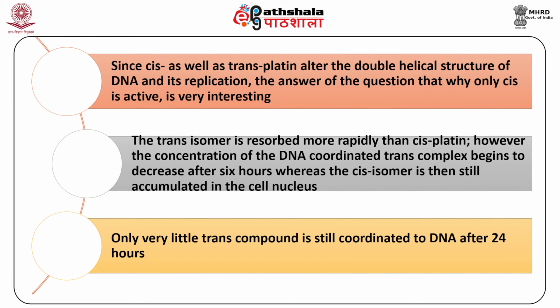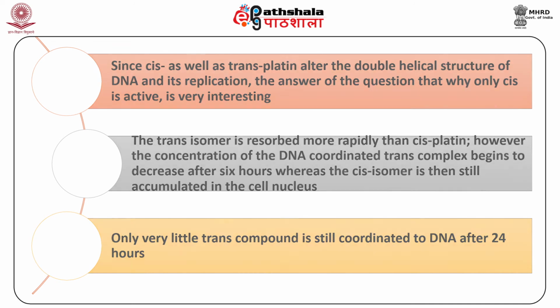The trans isomer is hydrolyzed more rapidly than cisplatin. However, the concentration of DNA coordinated trans complex begins to decrease after 6 hours, whereas the cis isomer is then still accumulated in the cell nucleus. Only very little trans compound is still coordinated to DNA after 24 hours.